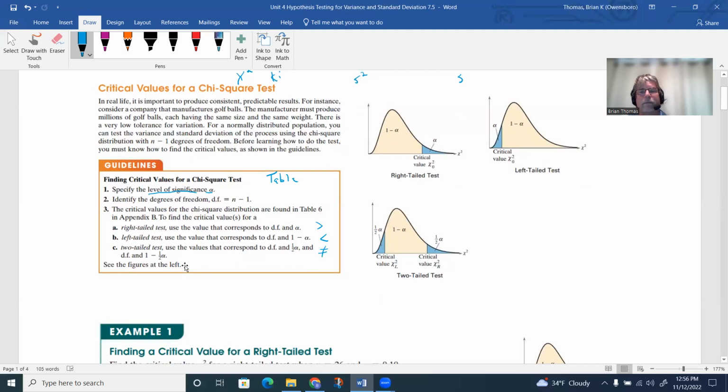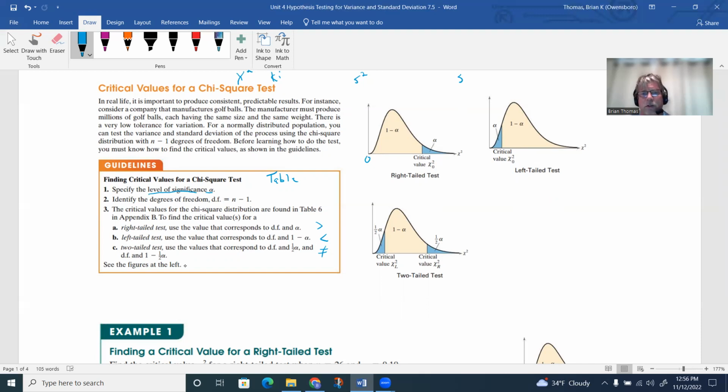Notice that when we look at these charts, 0 is over here on the left side. Unlike t and z, where we were dealing with the mean, and also the population proportion, the zero is out there in the middle, so we had positive values and negative values.